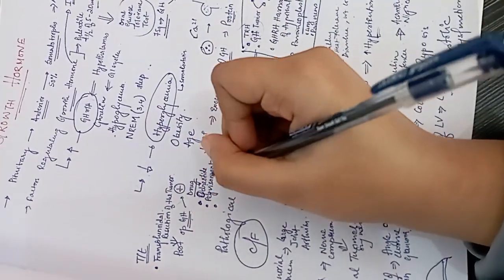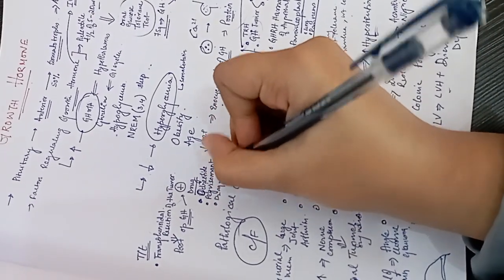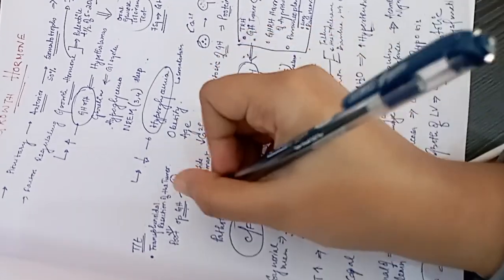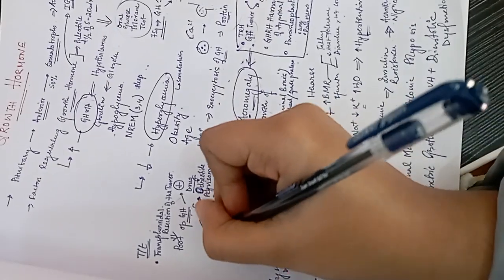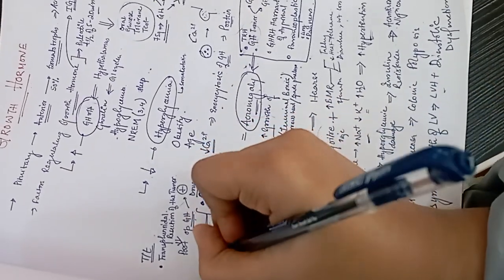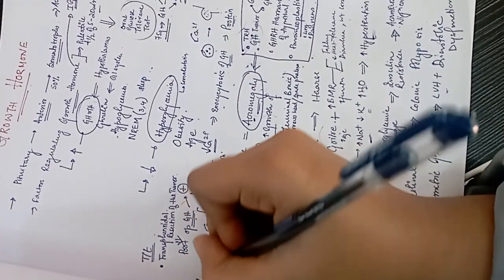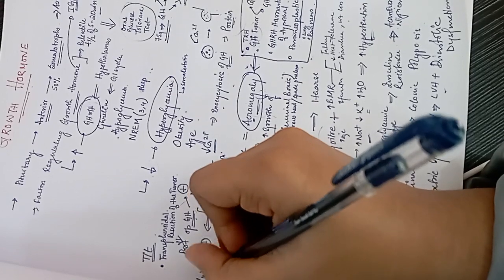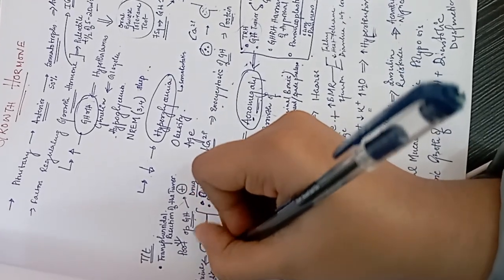It can also be done by a D2 agonist, that is cabergoline. If it is still positive, then we will go for gamma knife radio ablation of the tumor.